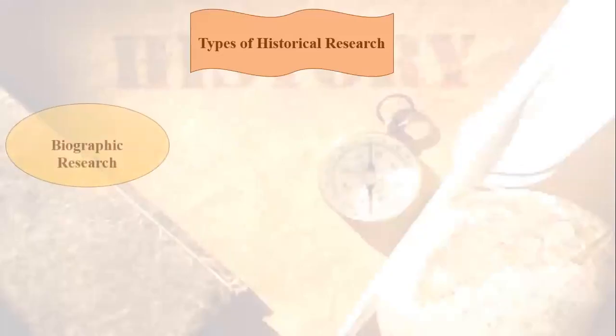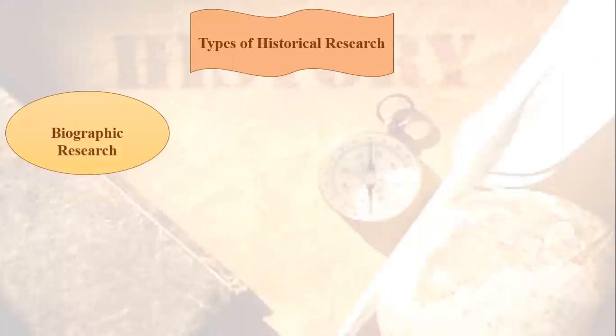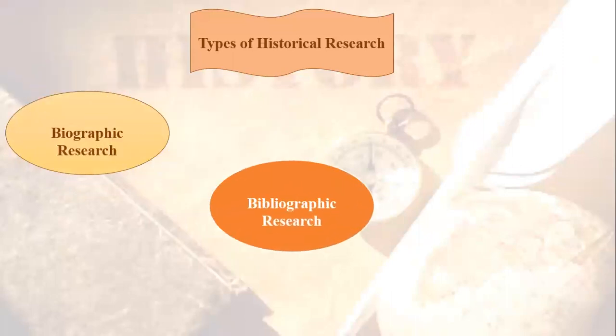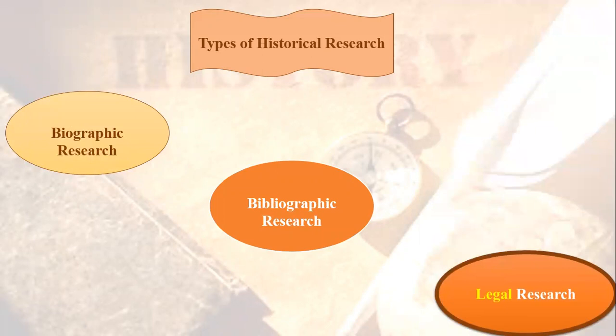And there are some types of historical research: biographic research, bibliographic research, and legal research. These are also types of historical research. You can go for it and check out how you can learn historical research.